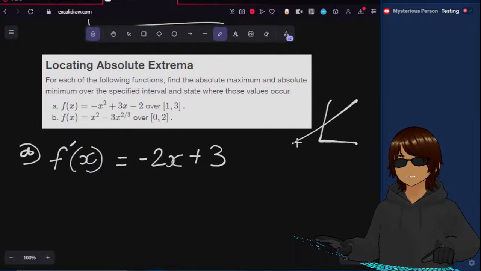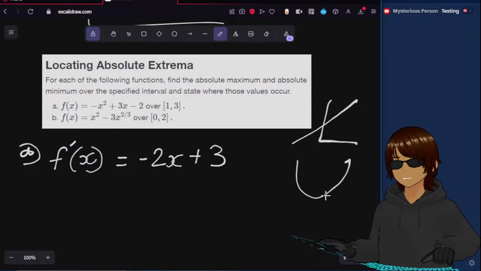That means as x is increasing, the derivative keeps on increasing. So the shape of the graph is probably like this. As x gets greater and greater, the derivative gets greater and greater. So let's see when this is 0.